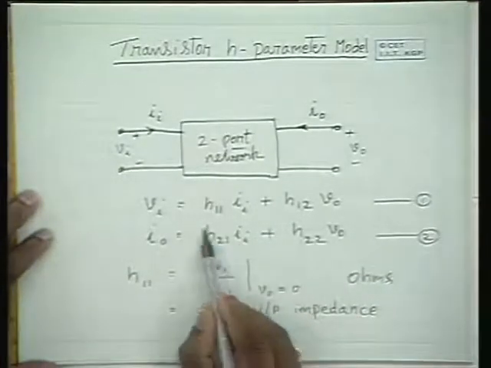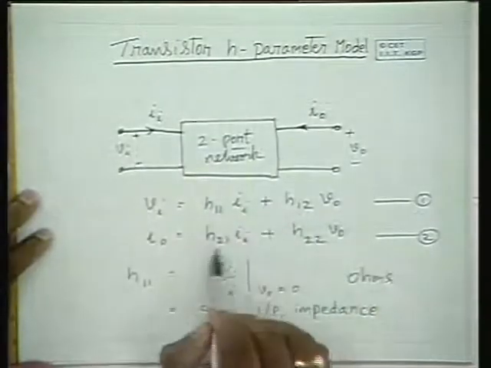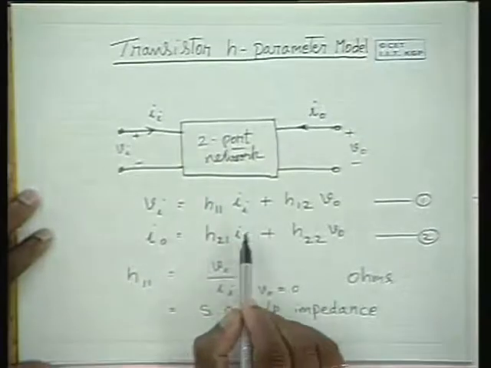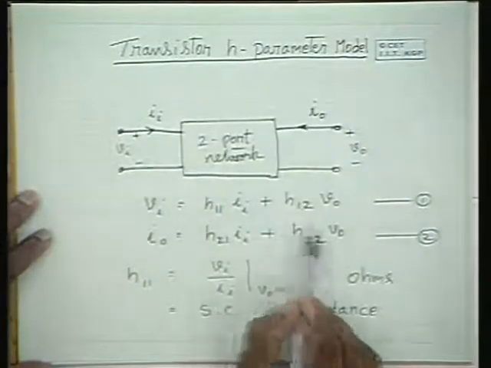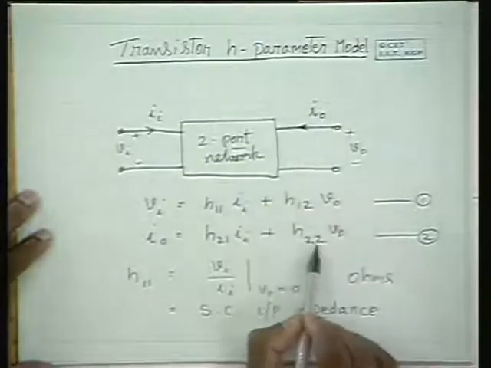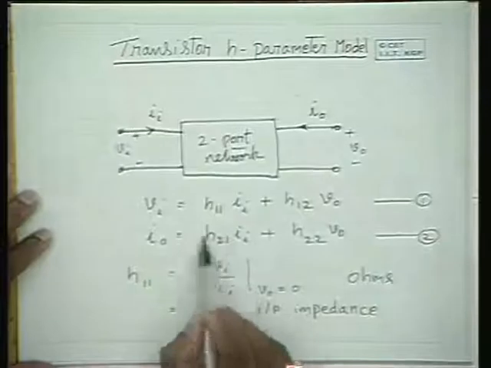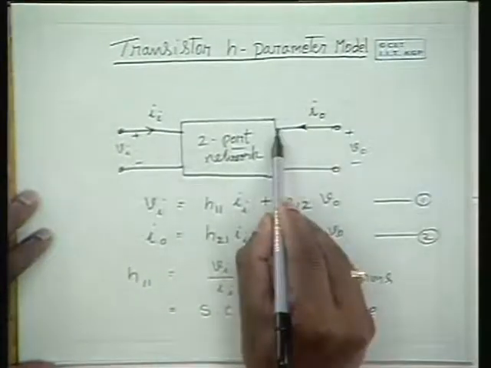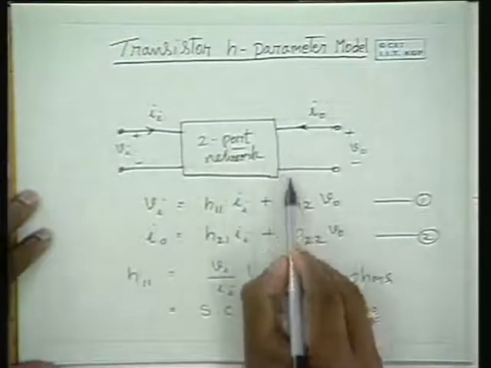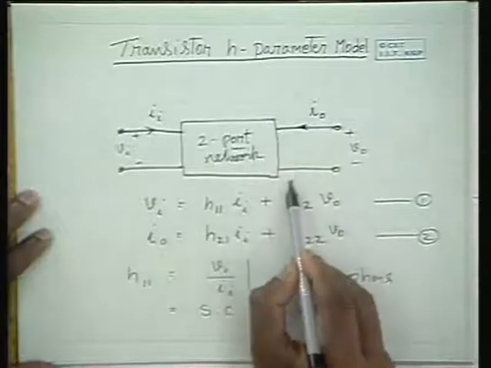One current component is an input current dependent current, and the other current component is because of some admittance connected across V2. This current is equal to the summation of two currents. That means there are two parallel branches, in which case I2 is equal to this current plus this current.